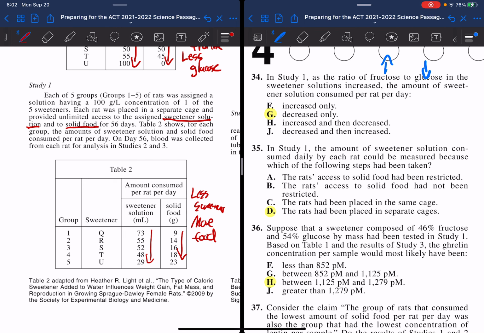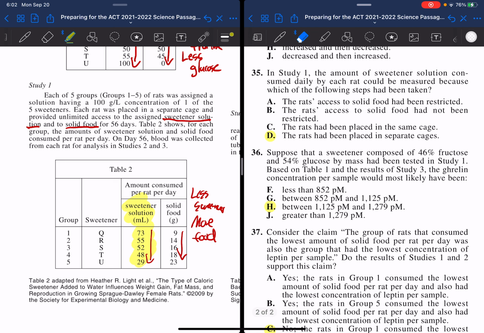Well, that is right here. We can see that as we get more fructose, because that's what happens as we go down the letters, QRSTU, we are going to have less sweetener consumed. So that's why the answer is letter G. This is where we're looking.